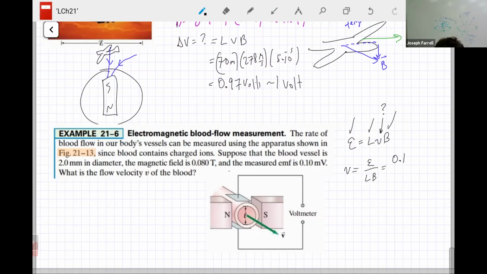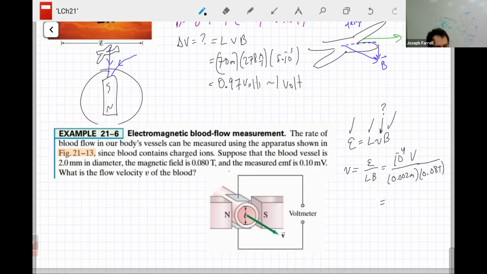0.1 millivolts, I guess it's 10 to the minus 4 volts, divided by a distance of 0.002 meters, and a magnetic field of 0.08 Tesla.